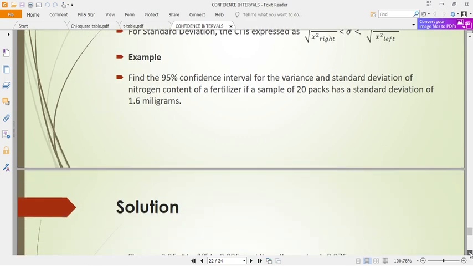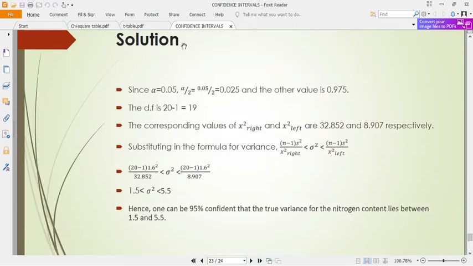So therefore, since we are looking at a 95% confidence level, our alpha will be 0.05 and the alpha over 2 will be 0.025. We divide it by 2. So this is our x squared right. So we go to our table and look for what corresponds to 0.025 and 19 degrees of freedom.